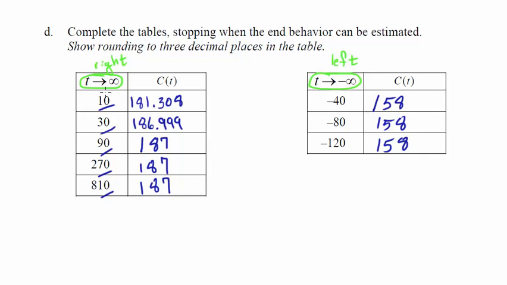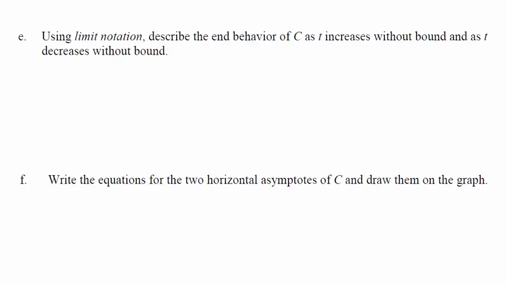So now I think what we are asked next is to use this mathematical notation. To write this notation here, I'm going to say the limit. Now what goes under the limit tells me left or right, so let's do left first. As t approaches negative infinity, the name of the function is c of t.